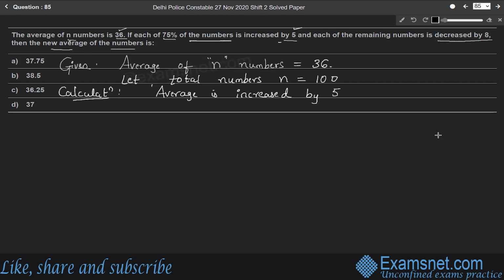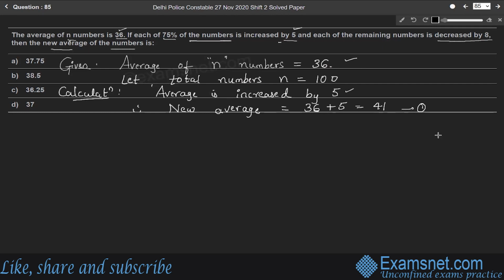Therefore, new average is 36 plus 5, which is 41. Consider this as 1.